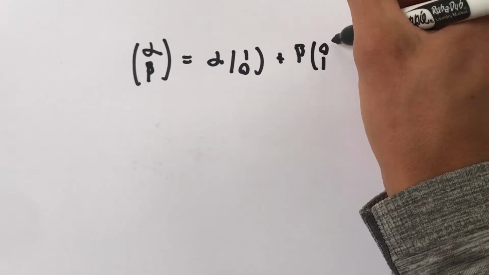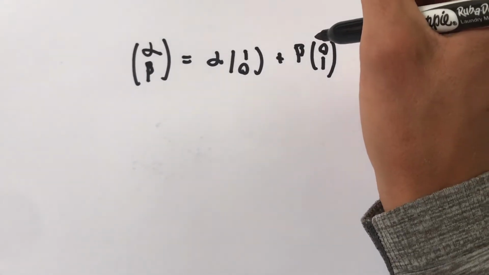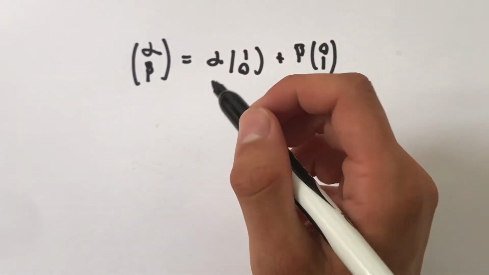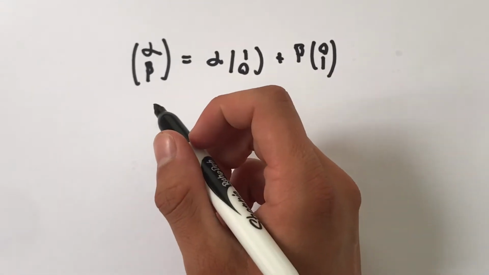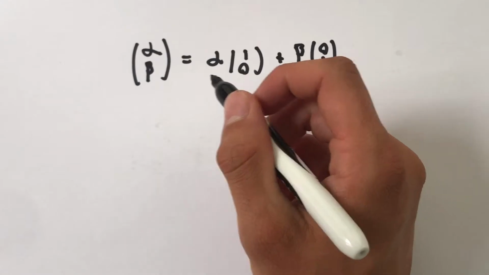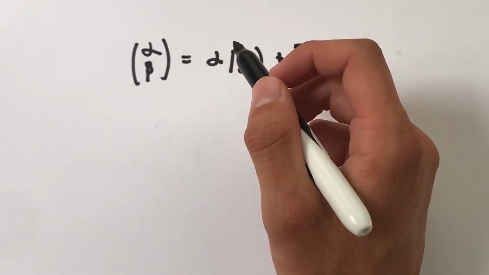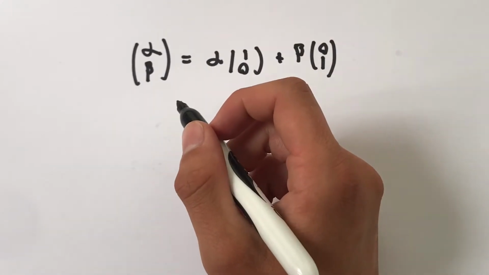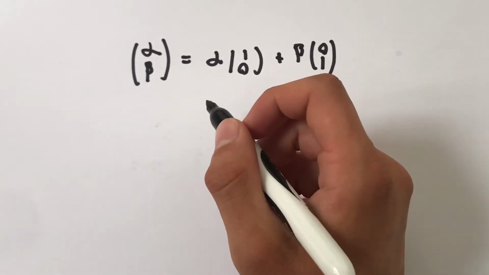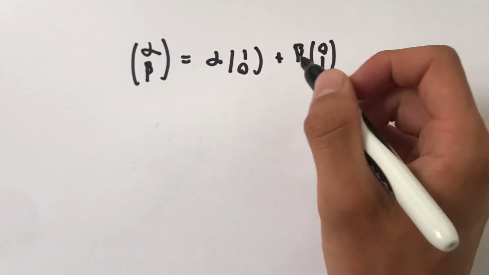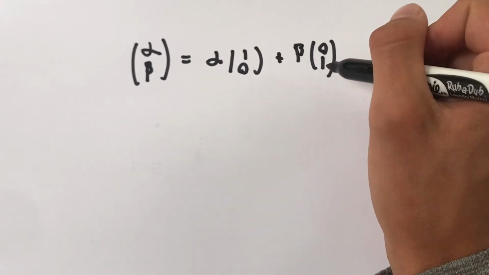That is correct, I think. So the state of alpha and beta is a superposition of the coefficient alpha of the state in the upper beam, and the coefficient beta of the state in the lower beam.